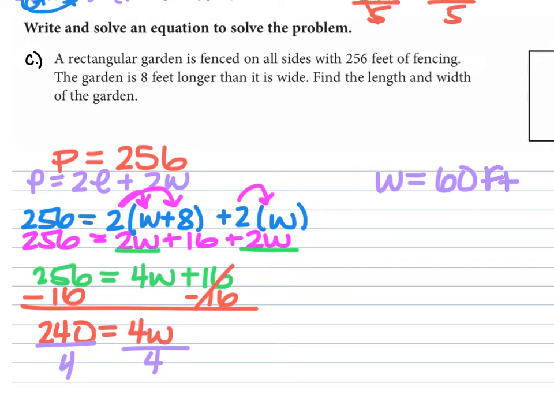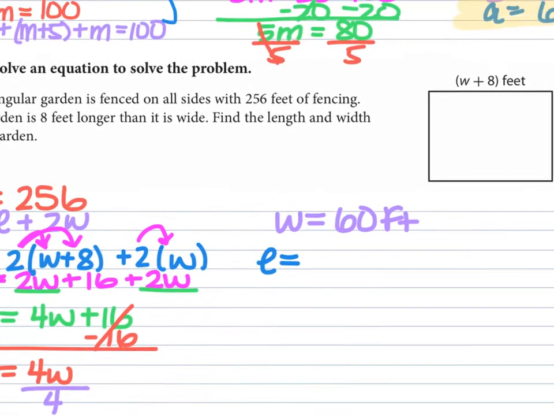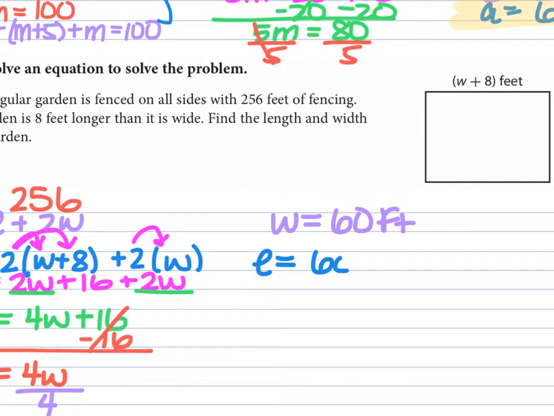If W is 60 feet, our length is our width plus 8, so 60 plus 8, which is 68 feet. So we have the width and the length. That turned out weird. I guess it's going to be like that. So we're just going to underline it.